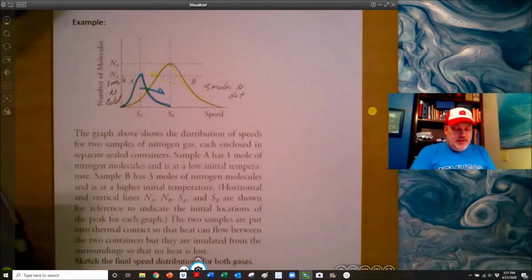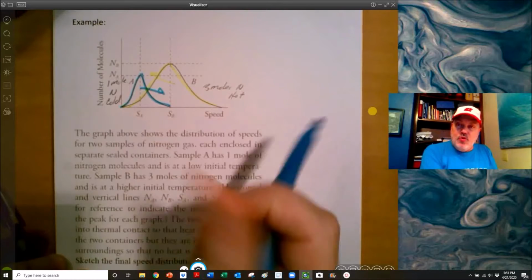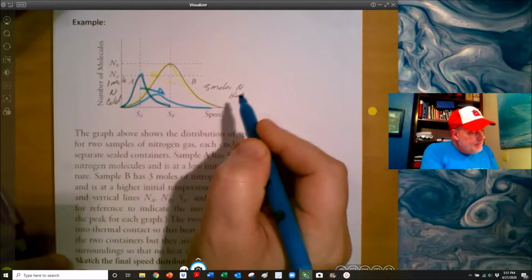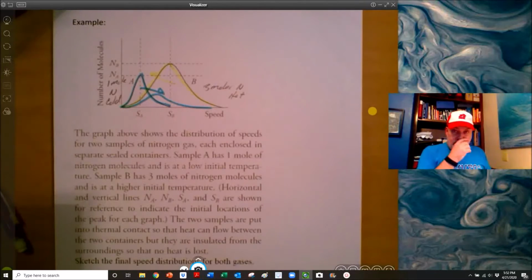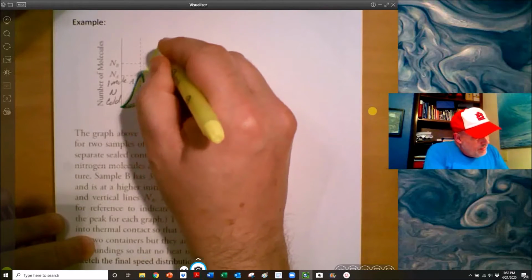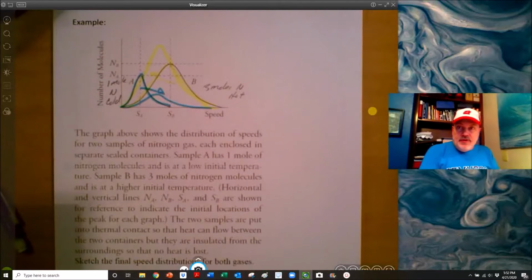The thing is that this blue one is going to shift down and to the right because it's going to be spread out over more speed distribution. So it should end up looking something more like this, farther to the right. And then the yellow one should shift to the left and should look something more like this at the end.